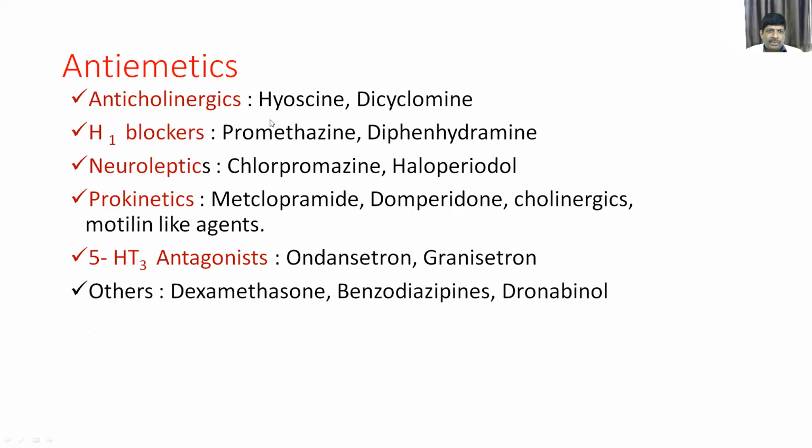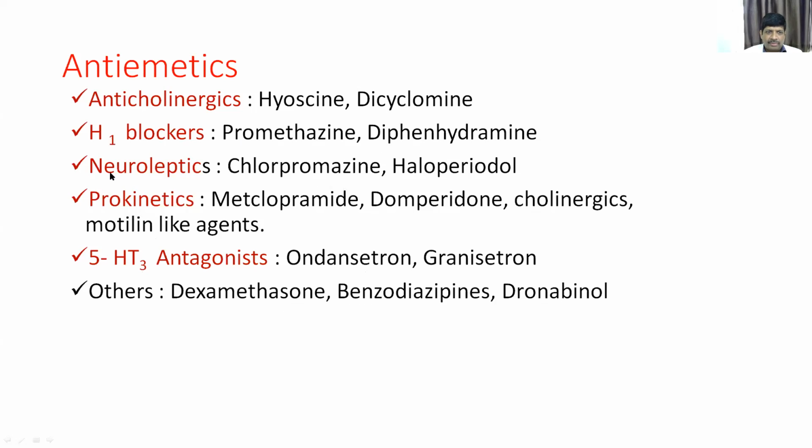We have anticholinergics like hyoscine, dicyclomine; H1 blockers, promethazine, diphenhydramine; neuroleptics, chlorpromazine, haloperidol; prokinetics, metoclopramide, domperidone; 5-HT3 antagonists, ondansetron, granisetron; and others like dexamethasone, benzodiazepines, and dronabinol. These are different groups of drugs, right?